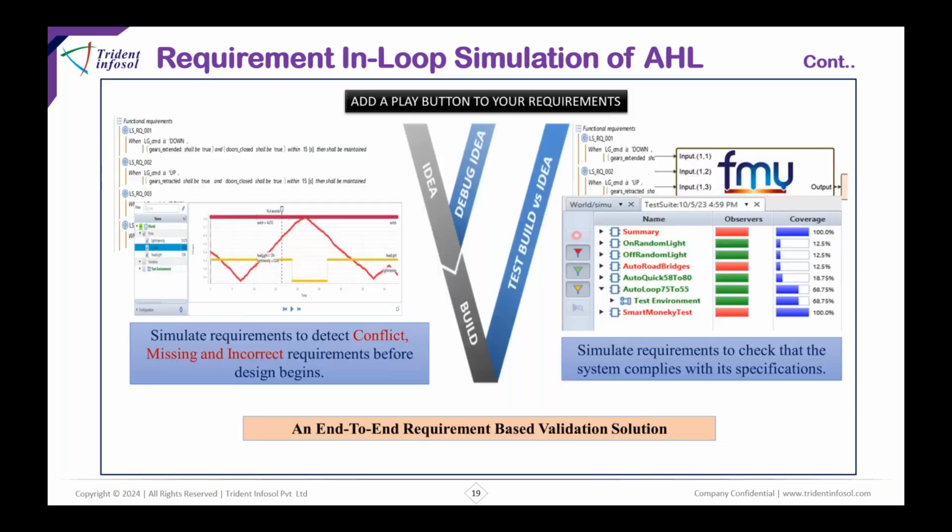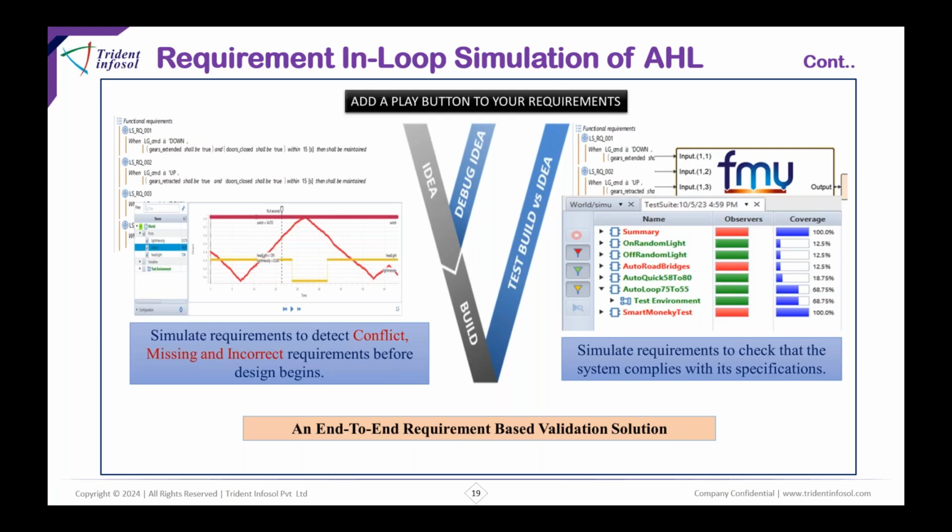So let's see how the simulation helps across the two key phases, that is the specification phase and the validation phase. At the specification phase, the simulation allows system architects to simulate the requirements and to detect incorrect, missing or conflicting requirements even before the design begins.